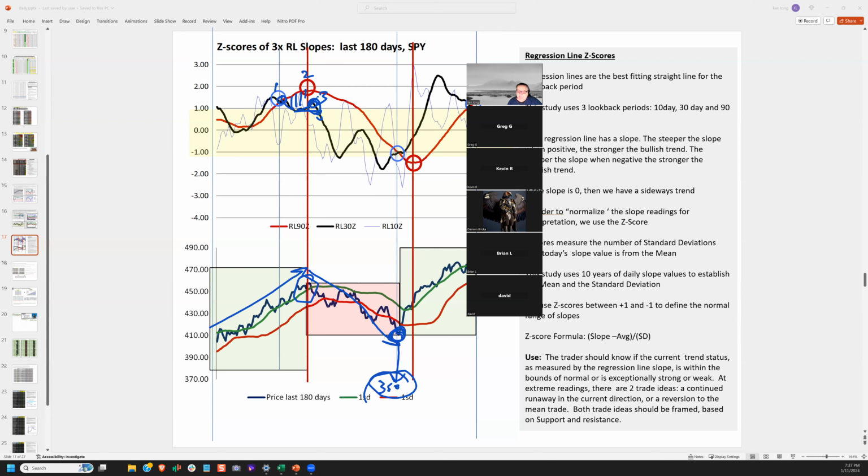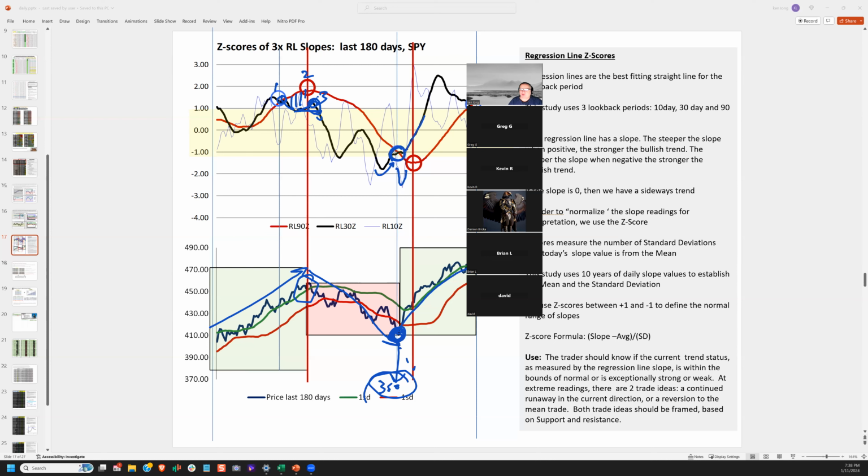And instead, it made one of the best 40-day moves in the last 10 years of the S&P 500, which you got a warning on. This little bottom, it did not fail. Instead, it actually got better. And that was enough to pull the RL30 up, and it crossed above the 90.